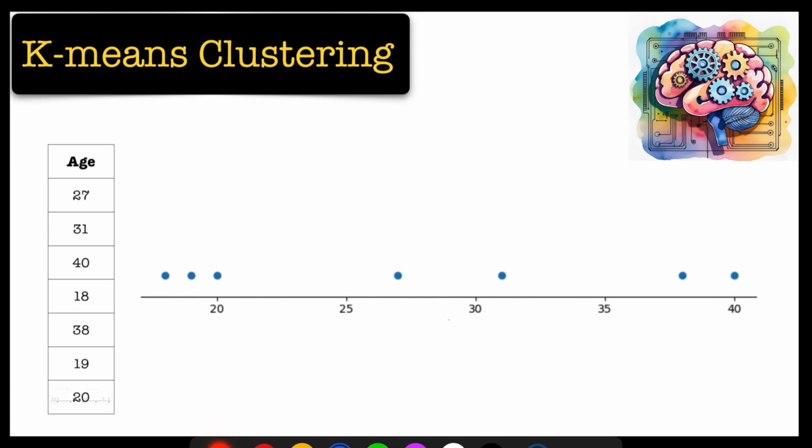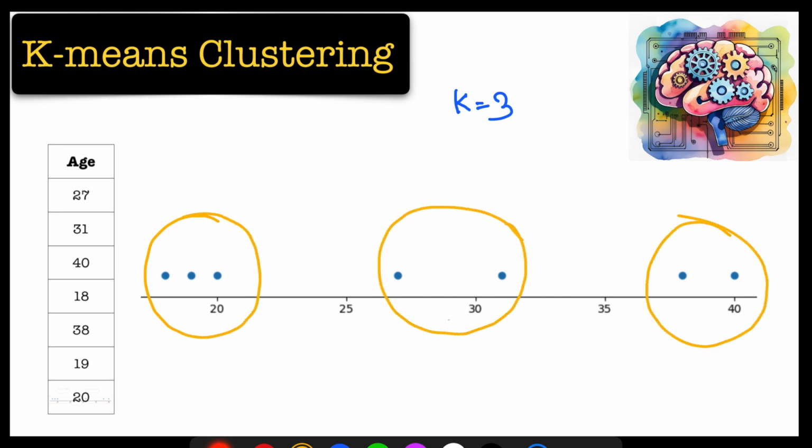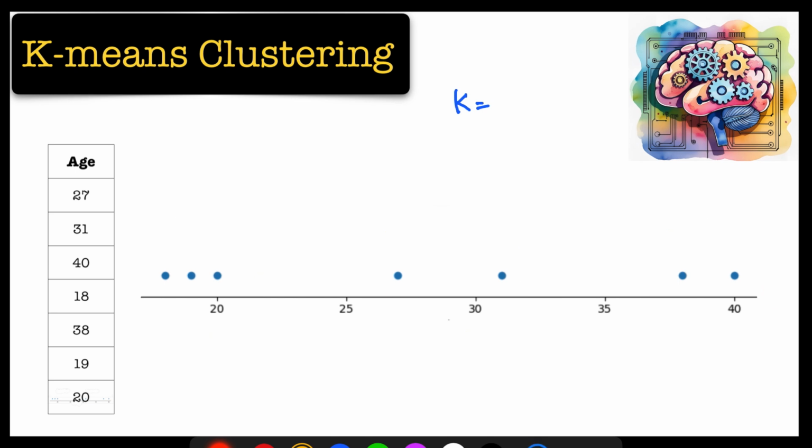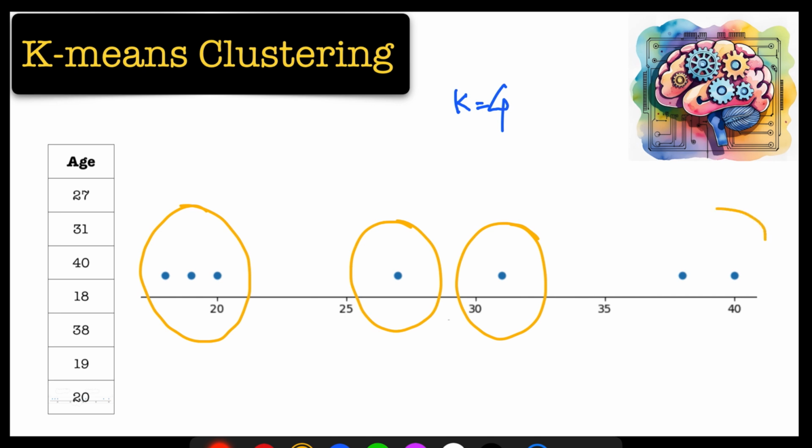If k is 3, the number of clusters is 3, then we can get this is one cluster, this is one cluster, this is one cluster. If k is 4, then we can get this is one cluster, this is another cluster, this is another cluster, and this is another cluster.